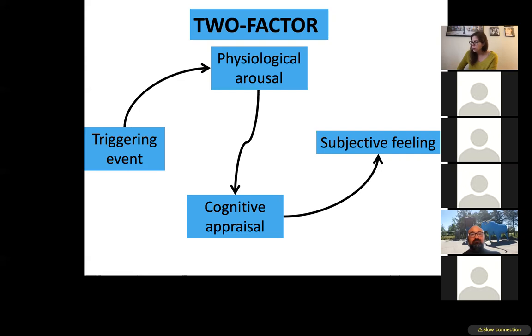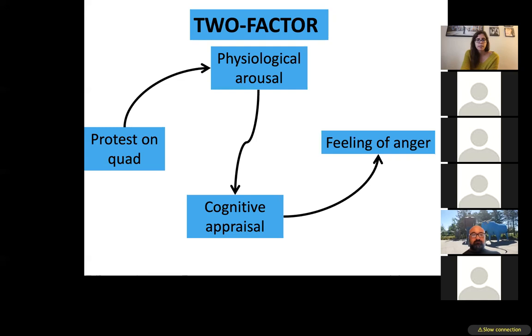So it's where you're trying to cognitively explain the arousal. Okay. So if you're getting angry, or like you're getting, I guess, hot and bothered, is what I have here, in a protest.